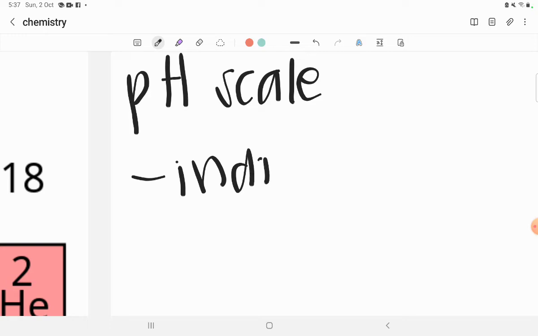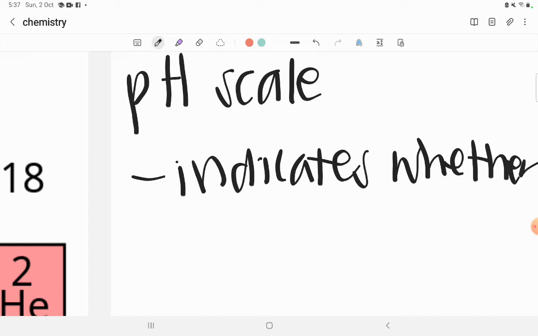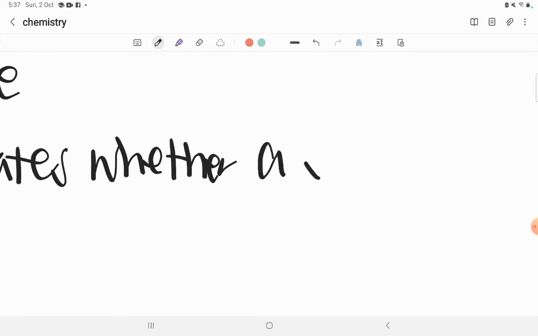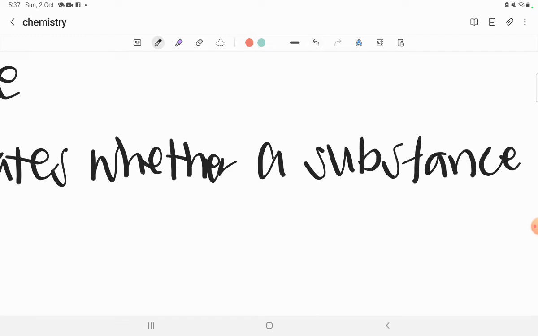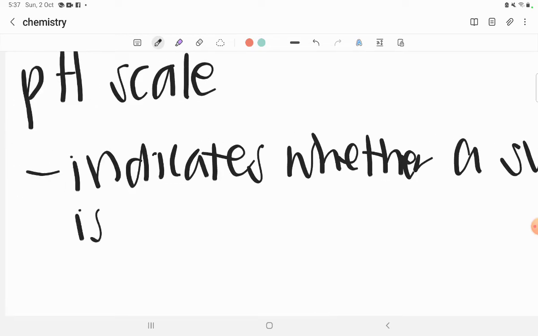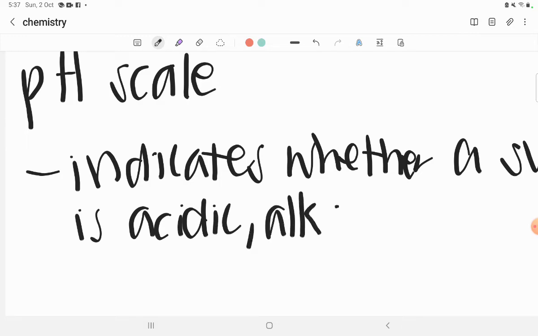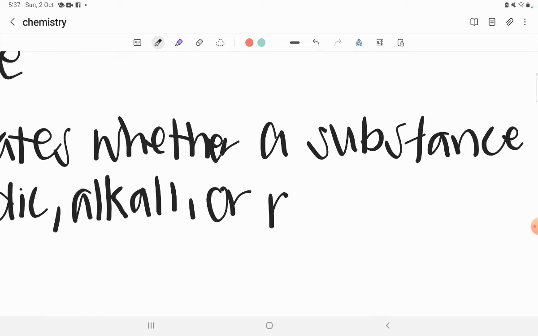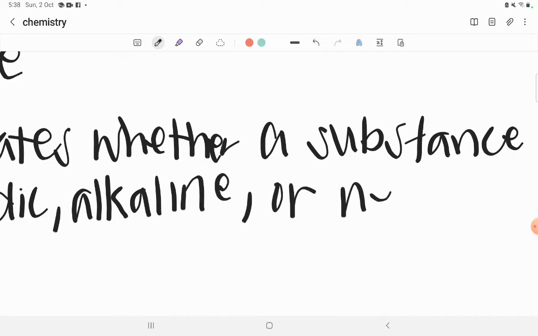It indicates whether a substance is acidic, alkaline, or neutral.